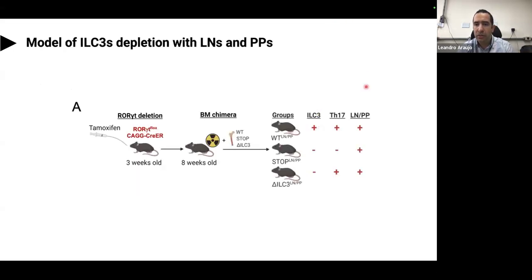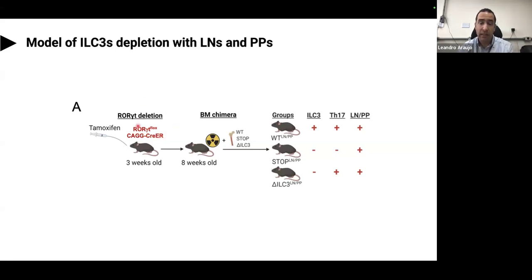So next, we tried to generate a model that doesn't have ILC3s, but has lymph nodes and Peyer's patches. To do that, I created a mouse crossing Rorc-gamma flox mice with a ubiquitous Cre that expresses Cre-ER, which is tamoxifen inducible.